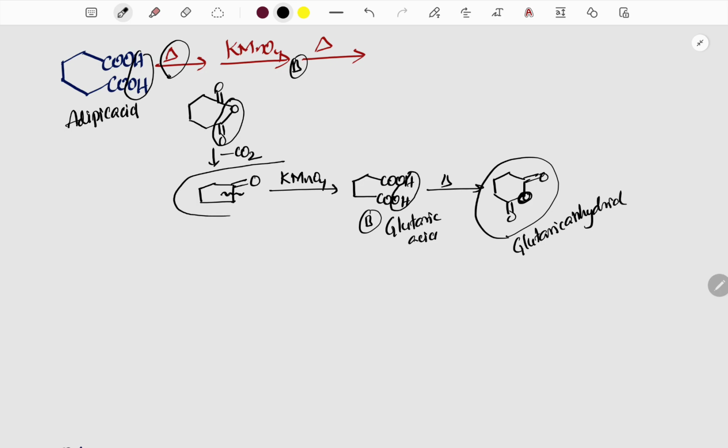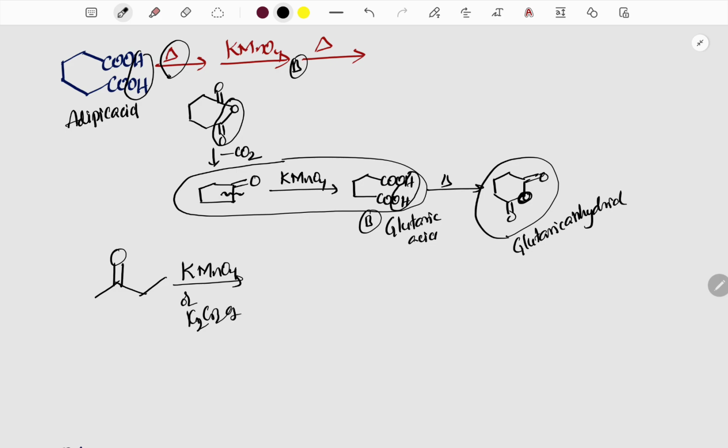So this ketone reaction with KMnO4, from the NCERT point of view, so it is a ketone when it is treated with KMnO4 or K2Cr2O7. You can also use the strong oxidizing agent K2Cr2O7. Then this ketone undergoes oxidation. So here we have to break the bond here. Here the statement is based on Popov's rule.